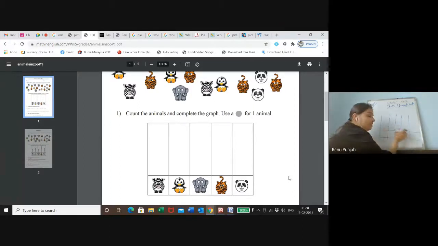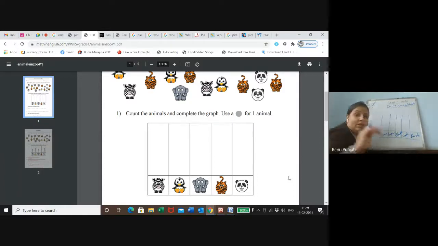I will write the name because I am not good in drawing. Zebra, penguin, elephant, cat, and then panda. These are the animals.